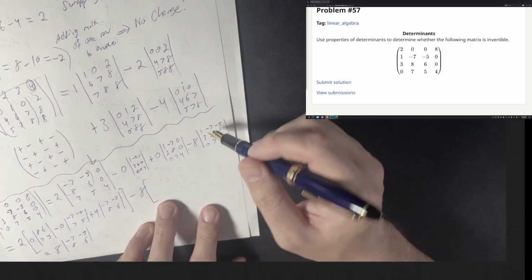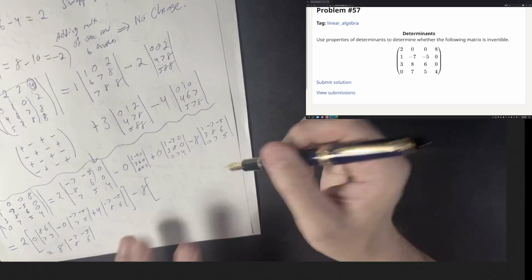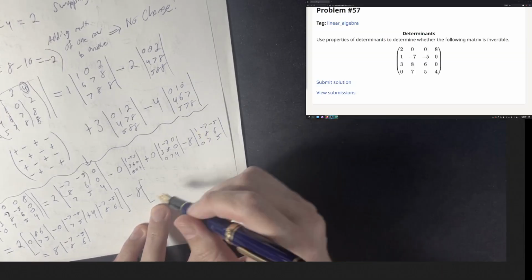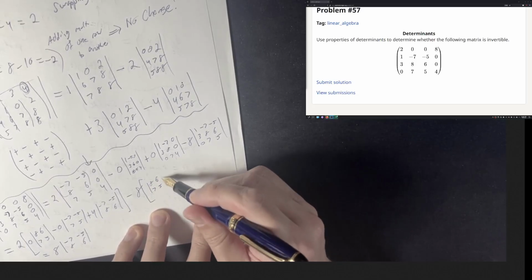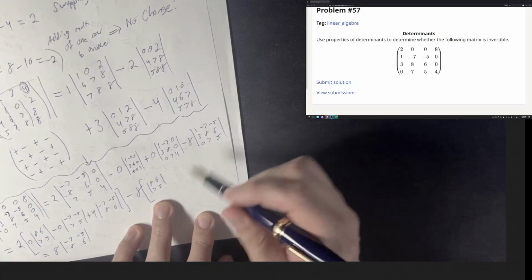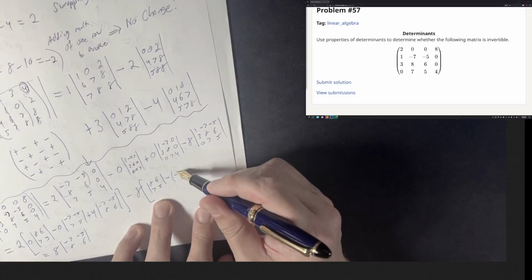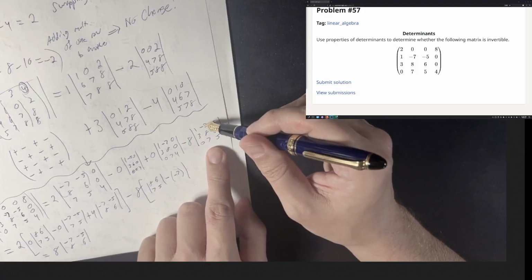What's going to happen is you're going to have 3 terms instead of 2. But, okay. So we get 1 times this determinant, 8, 6, 7, 5. We get negative of negative 7, so minus this number times the determinant of the stuff that's left when you eliminate the first row and second column.